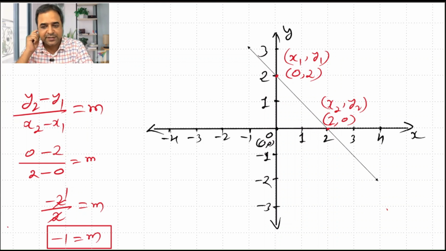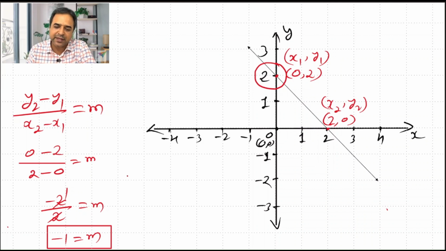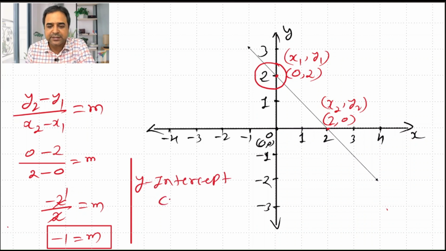Now one more thing we can understand is the y-intercept. What do you mean by y-intercept? Wherever this line intersects the y-axis, that is said to be the y-intercept. You can see here your line is intersecting at the point 2. So you can say the y-intercept for this line is c = 2.